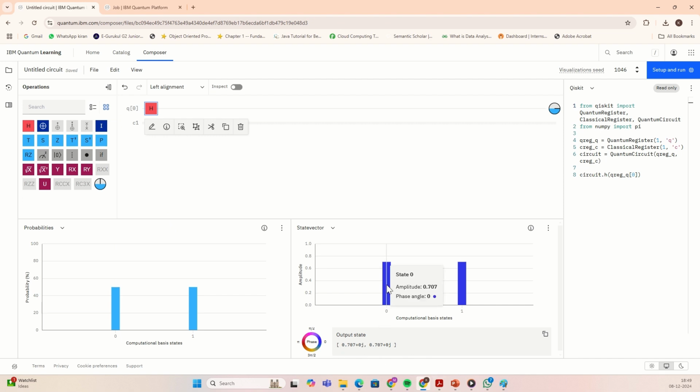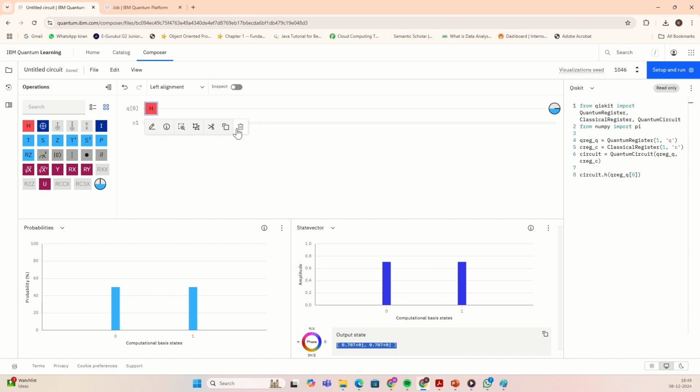The amplitude of 0 is 0.707 and of 1 is 0.707. 0.707 is nothing but 1 by root 2. So the matrix form of this is 1 by root 2, 1 by root 2 column matrix, right? So when I am applying the Hadamard gate on |0>, I am getting 1 by root 2, 1 by root 2.